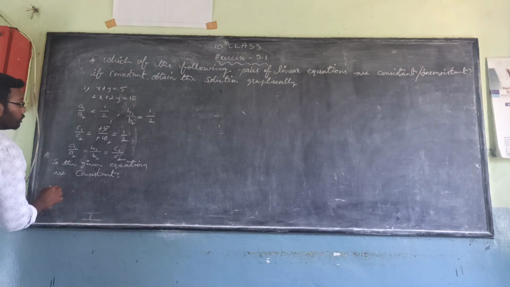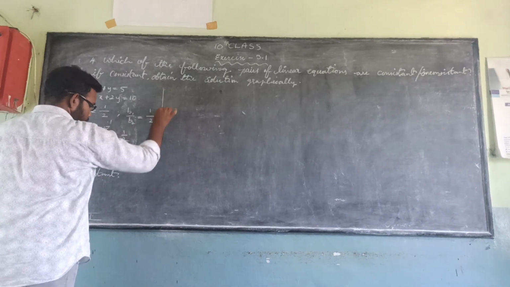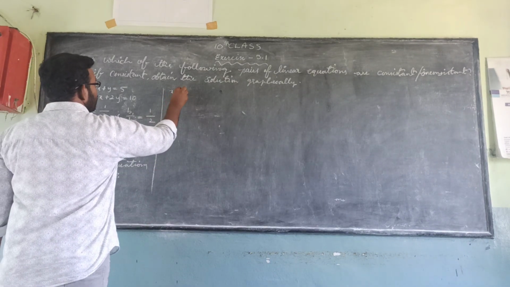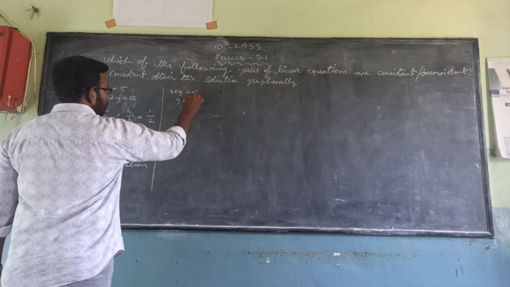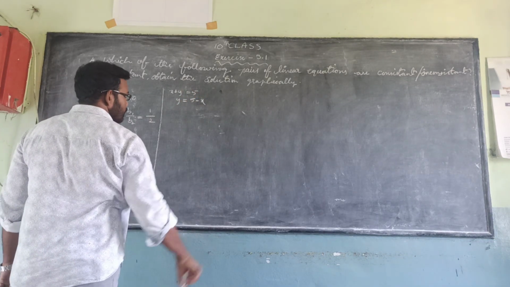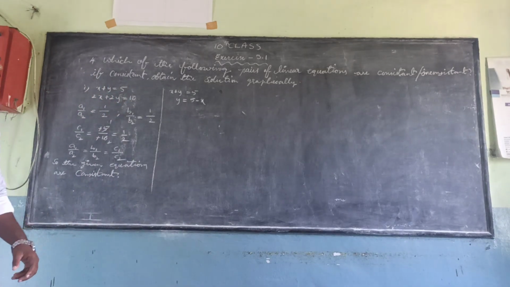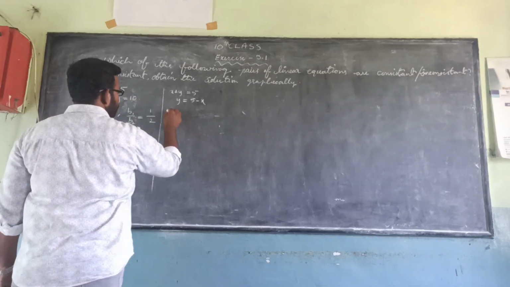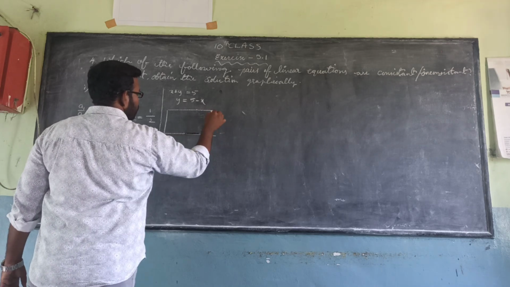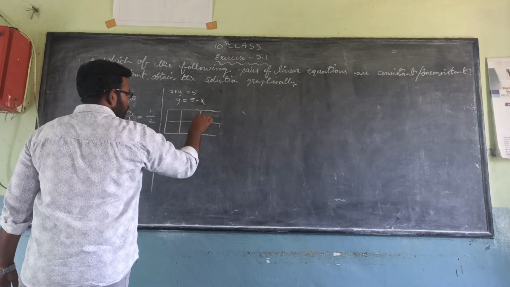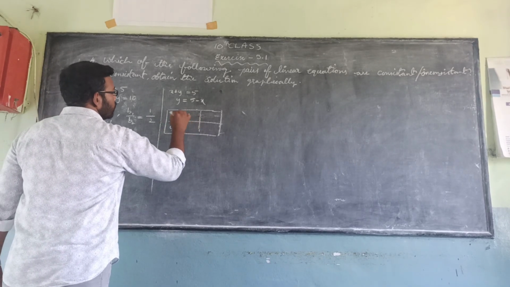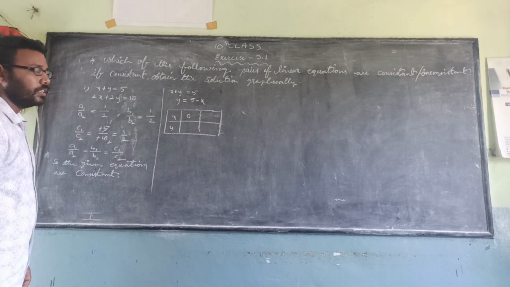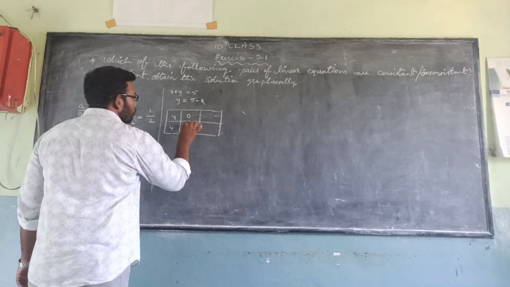So here, first of all, the first one, x plus y is equal to 5. Here y is equal to 5 minus x, and then first you take x is equal to 0, then y is equal to 5.